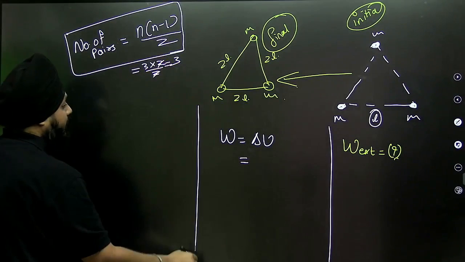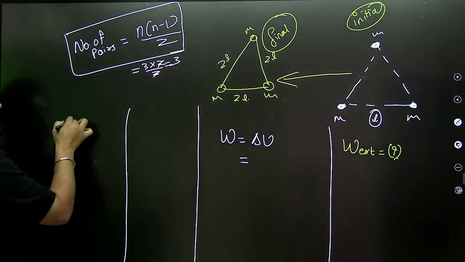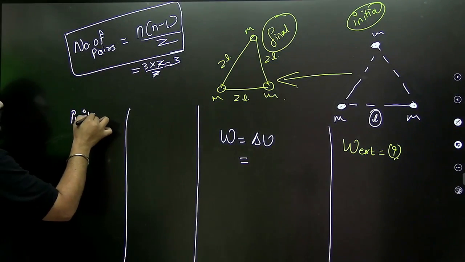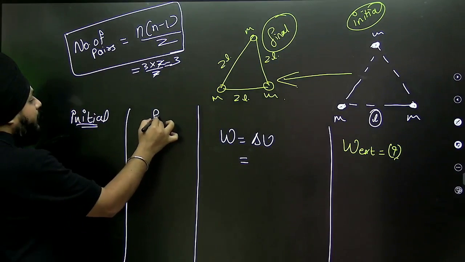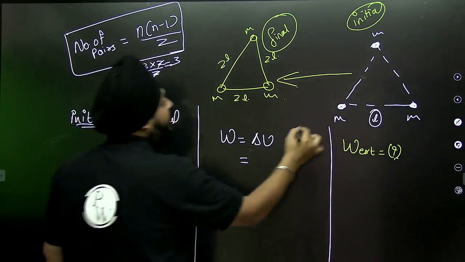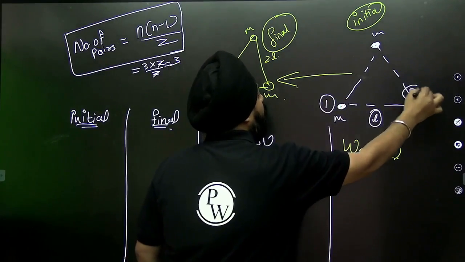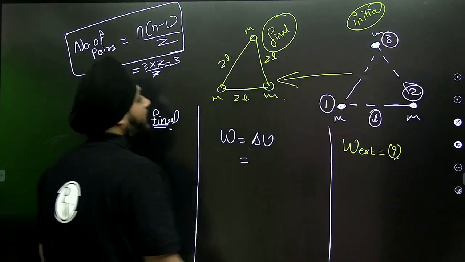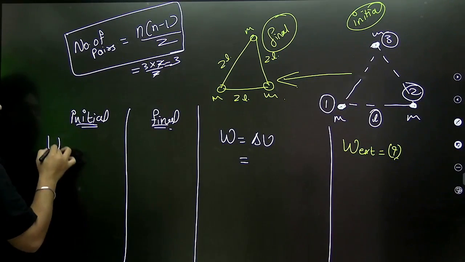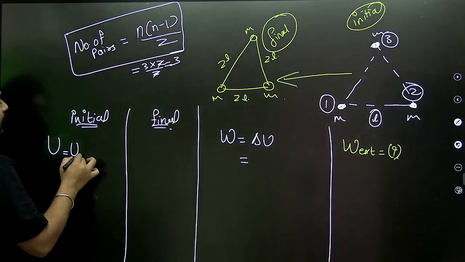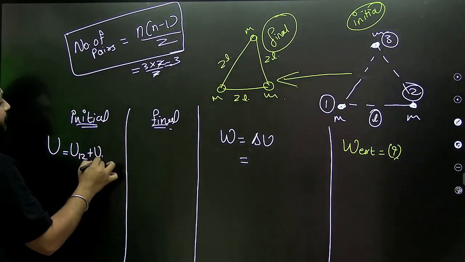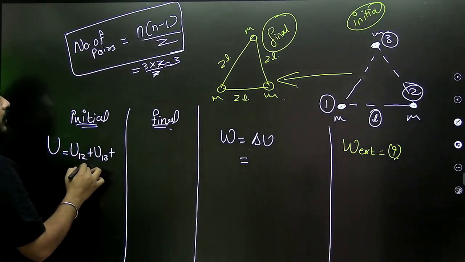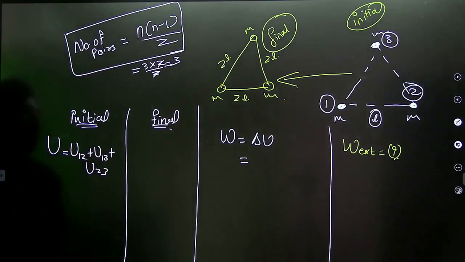Like in the initial and final situation, this is 1, this is 2, this is 3. So the resultant potential energy of the system will be U of 1 with respect to 2, 1 with respect to 3, and 2 with respect to 3.